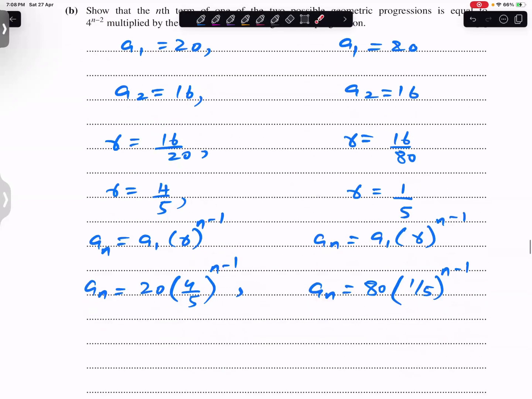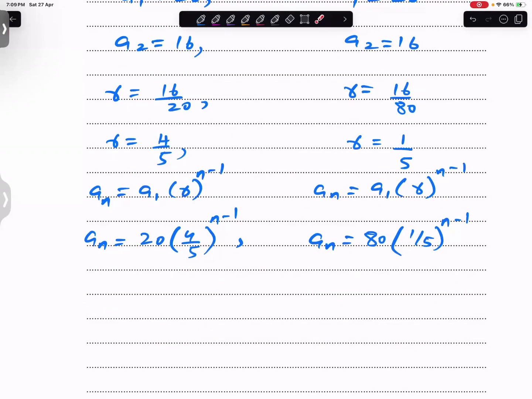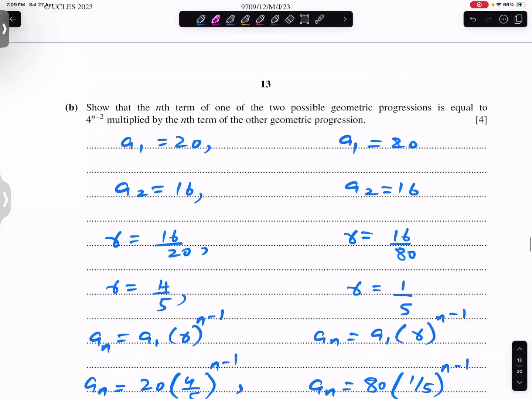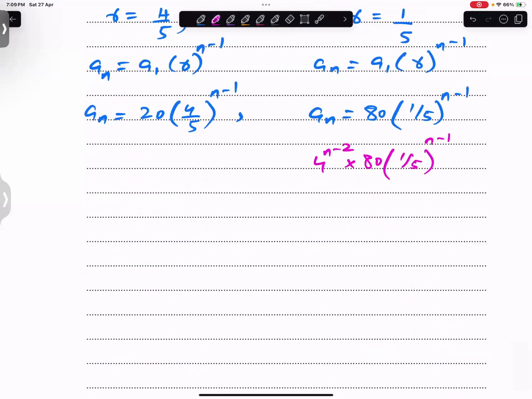So let's multiply 4 to the power n minus 2 with this term, 80 times 1 over 5 to the n minus 1. So I can write it as 4 to the power n minus 1 dot 4 to the power minus 1 dot 80 dot 1 over 5 to the power n minus 1.